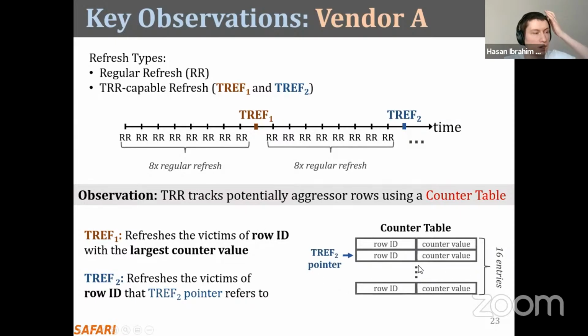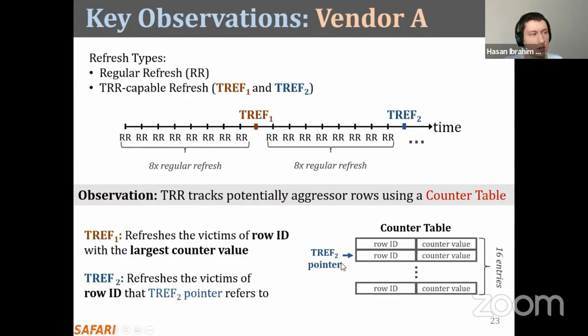So basically here we suspect that they implement an additional counter that cycles through these entries each time a TRF2 is executed, right? So let's say during the execution of this TRF2 command, the neighbors of the second entry that you see here in the table will be refreshed.